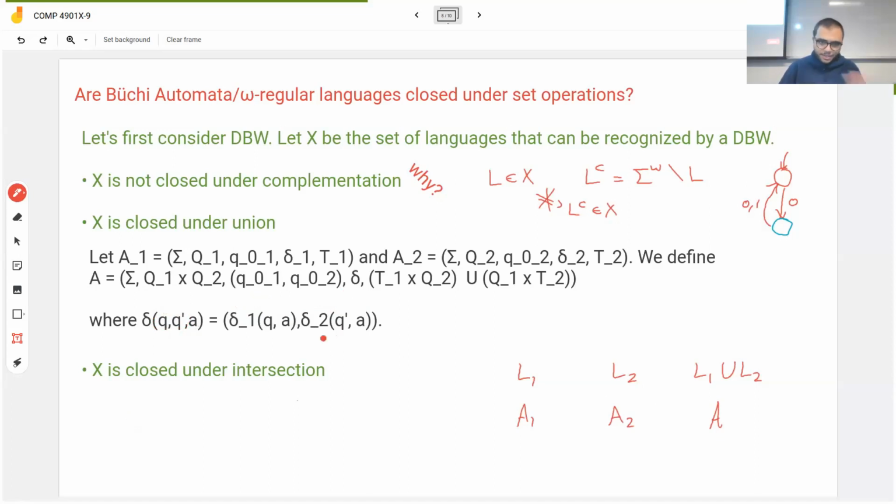Again, this is nothing hard at all. I'm just simulating the two automata at the same time.